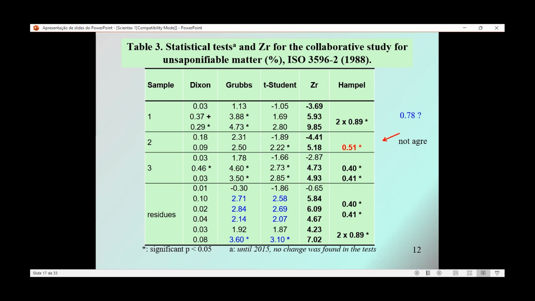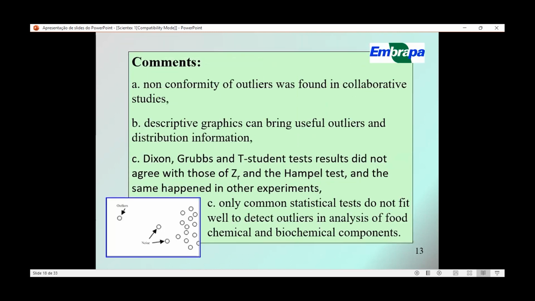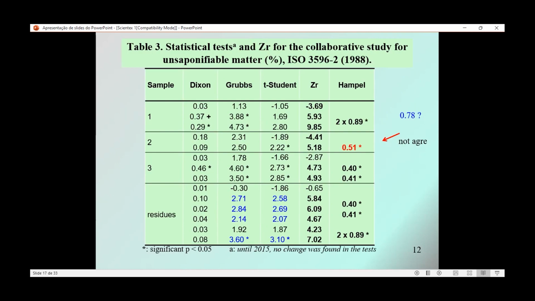Discrepancies similar to these were observed in other experiments at the end of our review work. Several tests did not conform with the previously published papers.